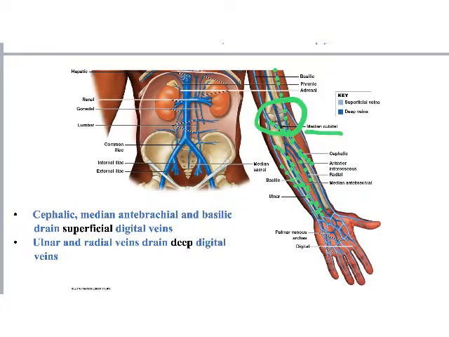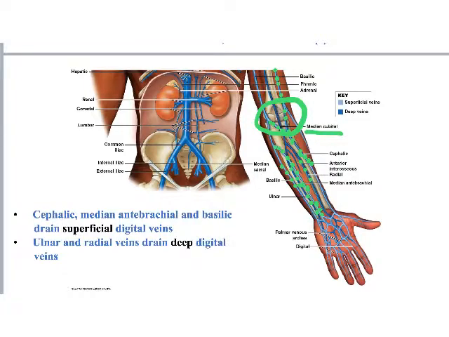You can think of the superficial veins of the forearm as the cephalic, the median antebrachial, and the basilic. Which one is on the radial side? That's the cephalic. Which one is in the middle? That's the median antebrachial. And which one's on the ulnar side? That's the basilic.